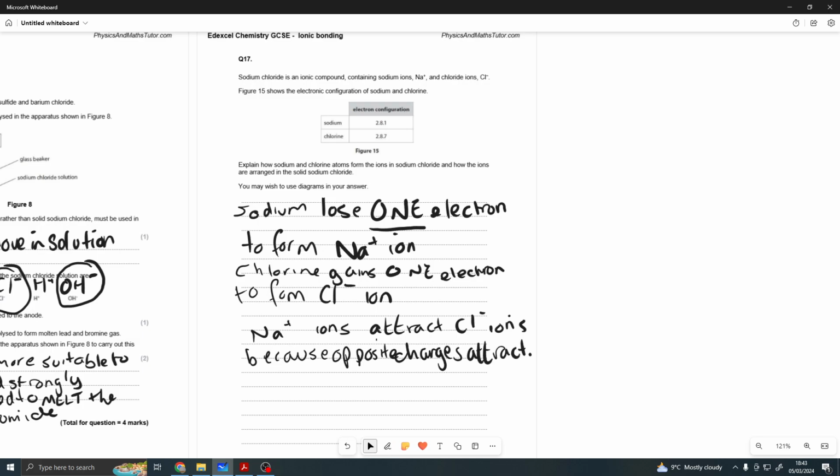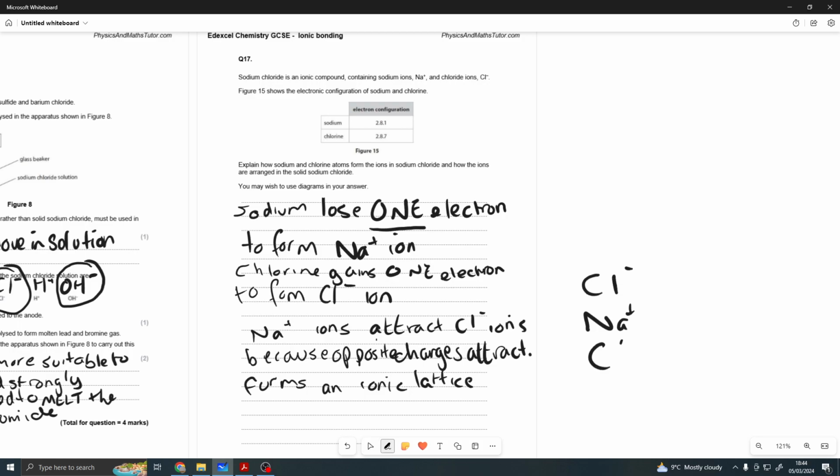Opposite charges attract. Now, this will form an ionic lattice. Now, if you don't want to describe an ionic lattice, why don't you draw one?